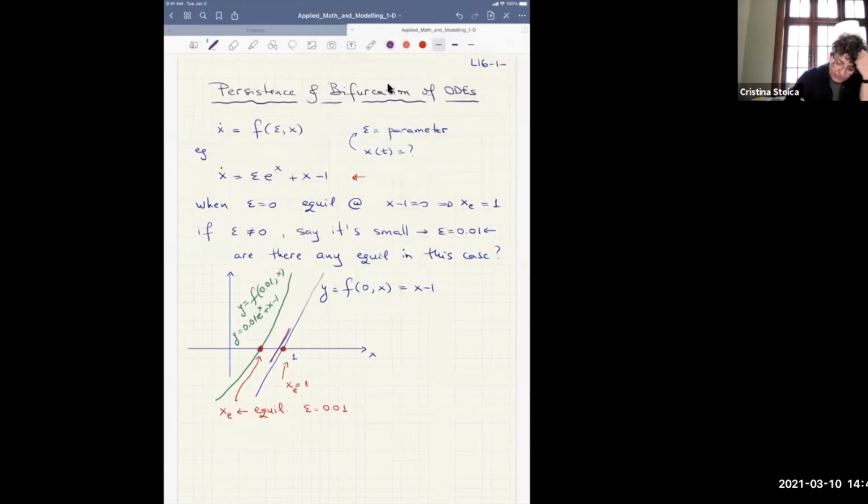This is the slope of f of 0 and x at x equals 1, and epsilon is 0. So this slope obviously is not 0.